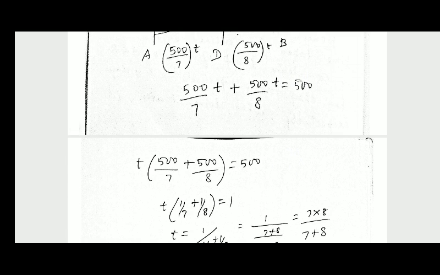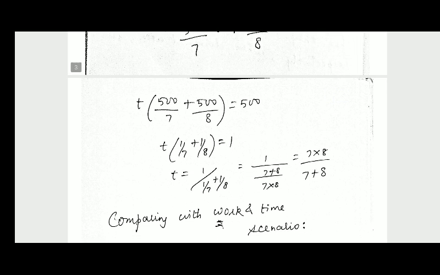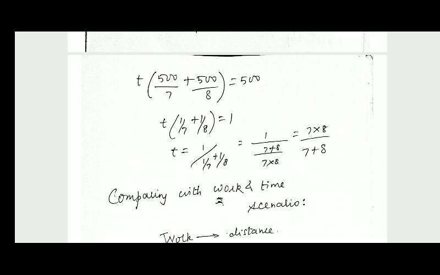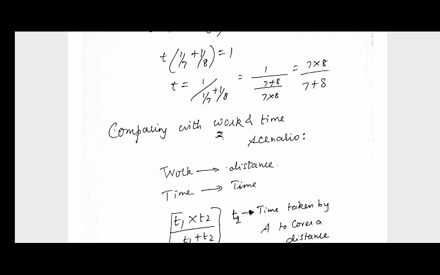In this approach, if we take t common outside and 500 also common outside on either side of the equation, we get an equation in this fashion. Finally the time taken to reach the meeting point gets modified into the format wherein we get a value 7 into 8 by 7 plus 8. That's obviously nothing but the time taken by both A and B respectively to cover the same quantum of distance. So now compare it with the work and time scenario.